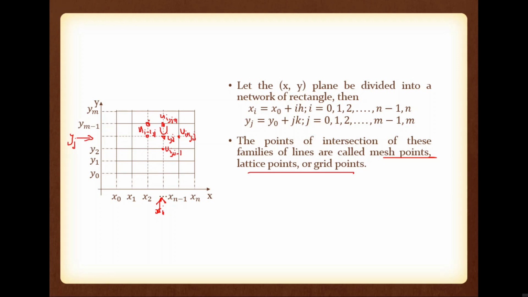So this point is u with i minus 1 for x, and for y, since this is the current point, this is next to y, so j plus 1. That is the way we are going to use the index. Any doubt, dear students?